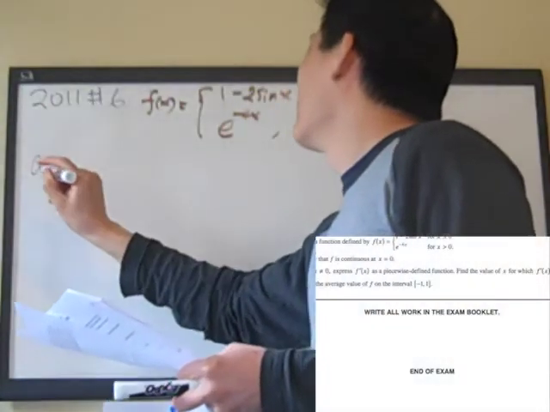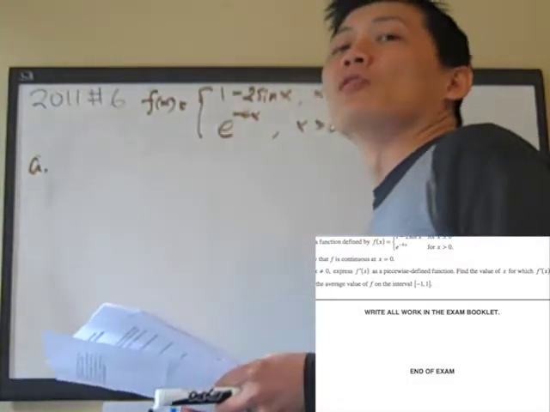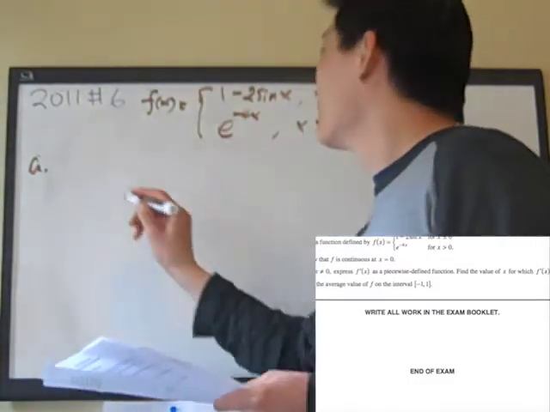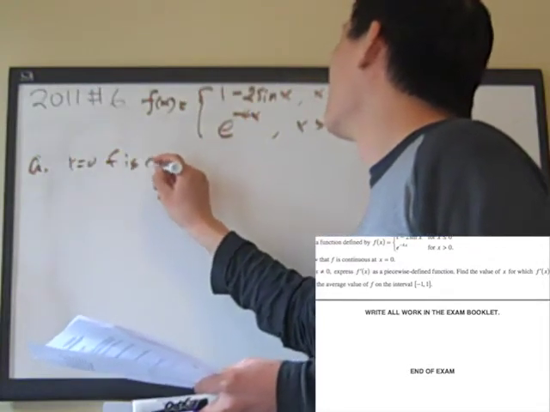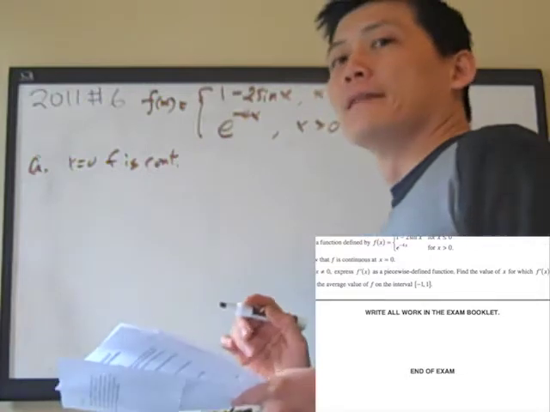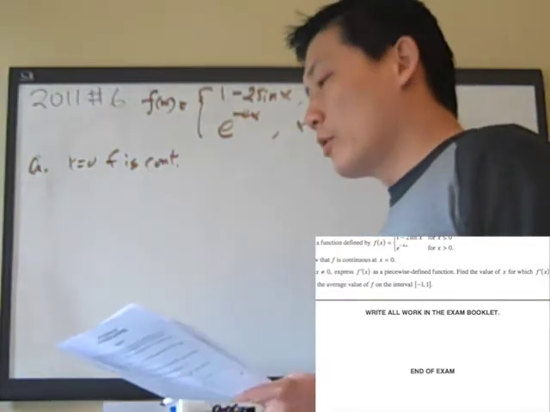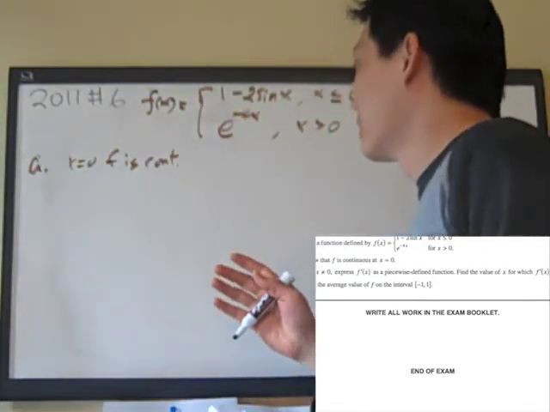Part A asks us to show that f is continuous at x equal to 0. Now, if you remember, there are two criteria for continuity.